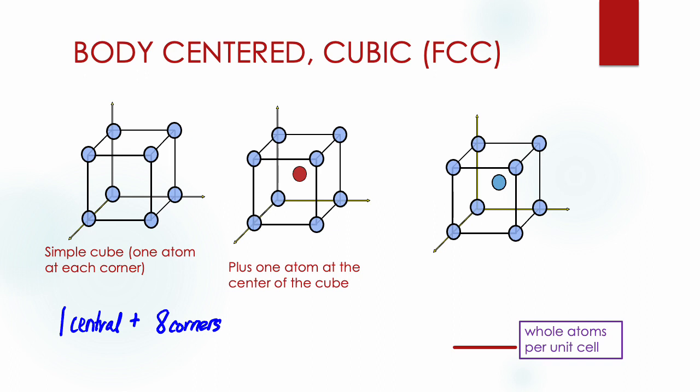If we think just about this atom right here, it is in the cell that's shown, the cell below it, the cell in front of it, and the cell below that, the cell to the left of it, and the cell below it, and the cell in the front, and the cell below that. This is in 8 different cells. So there's 8 corner atoms, but only 1/8 of each is actually in that cube. And so the total number of atoms, whole atoms per unit cell, is 2 for body-centered cubic.